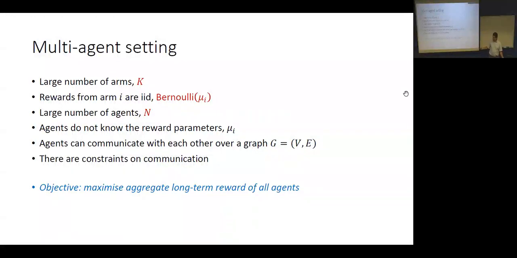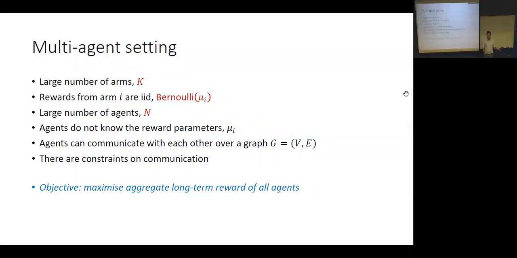The agents can communicate over some graph, maybe the complete graph, maybe something else. And again, the objective we are going to look at, just to be precise, is to maximize aggregate reward, or minimize aggregate regret, over all the agents. Now, you could say maybe this is not a good objective.